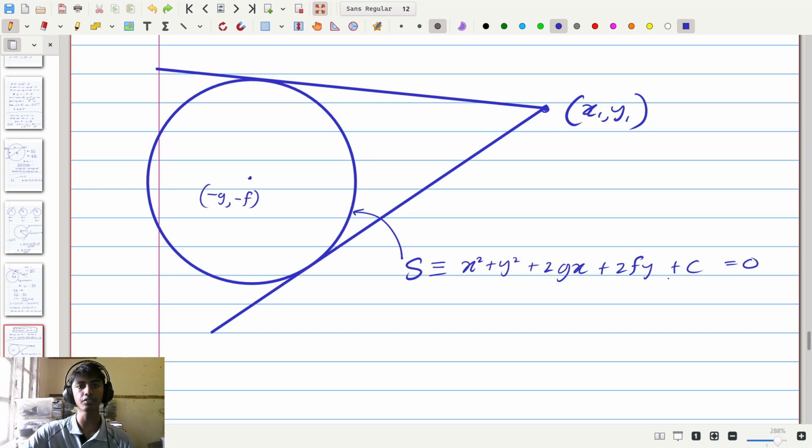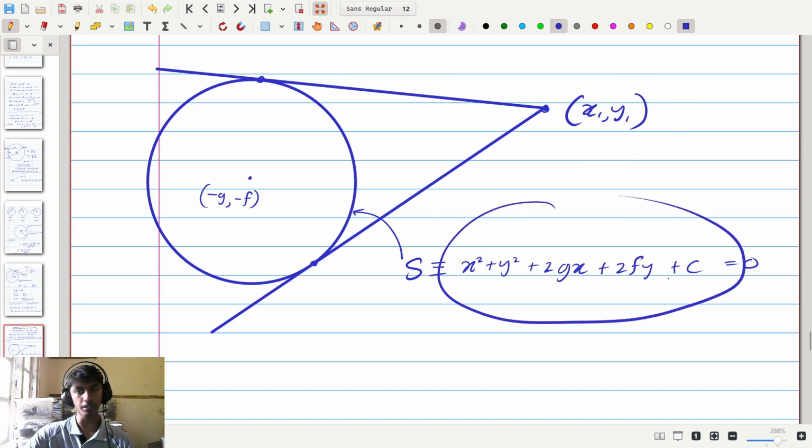You can see this first tangent touches the circle at this point here, continues like this, and touches this point here, x1, y1. As for this other tangent, it touches the circle at this point right here, continues like this, and also goes through this point external to the circle here. So, we can define these two tangents based on this external point and the equation of the circle.